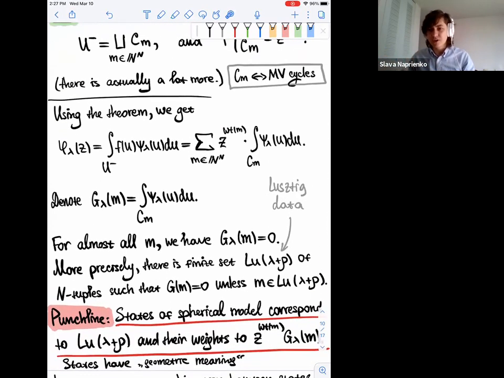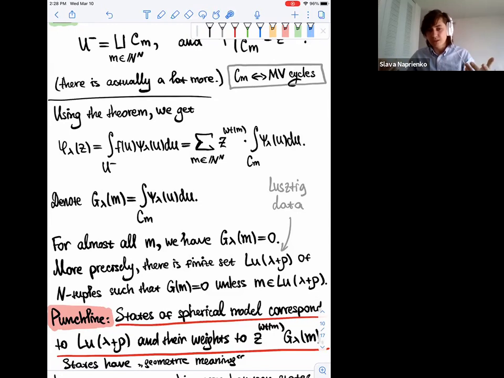Each of the states in the spherical lattice model corresponds to each non-trivial piece. And moreover, the weight of the lattice model is exactly the value of the integral. So you see, we started from the integral, we decomposed the domain of integration into geometric pieces.